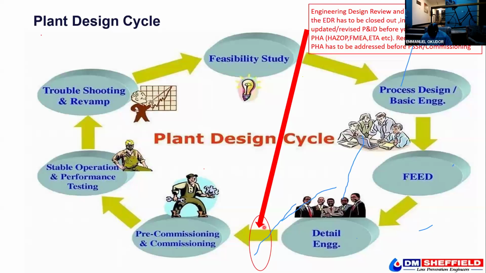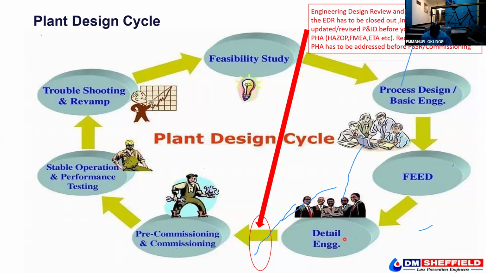Before you come to your hazard review, you would have frozen your P&ID. So for every engineering design review you do, the recommendations must be integrated into a revision of that P&ID. There will be changes in your P&ID, so you need to bring them in. So that becomes the final document for PHA.